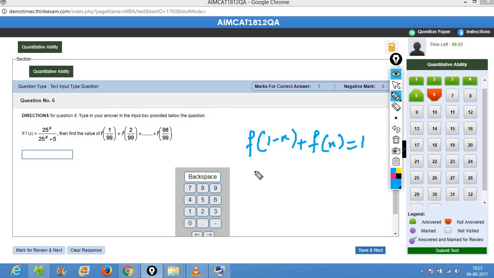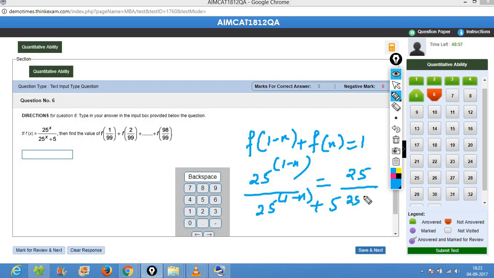But still I would say you should check it, because in exams you can't take risk, right? So let's see. This part will be 25 upon 25 raised to power x, and taking LCM, it comes out to be 25 upon 25 plus 5 into 25 raised to power x.